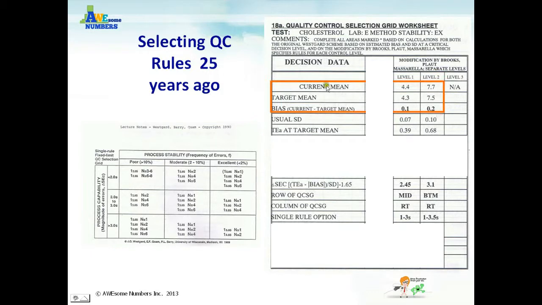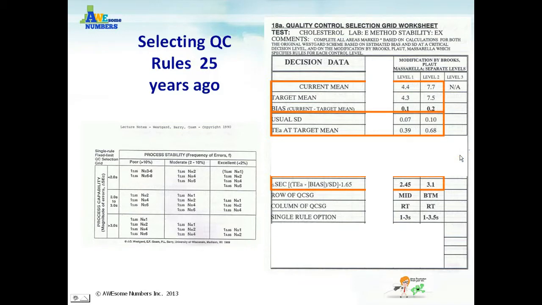So we measured the current mean, we set a target mean, which was our peer value. So this is a verifiable number, our target mean. The current mean is a verifiable number. We then calculated the bias. We didn't estimate it.